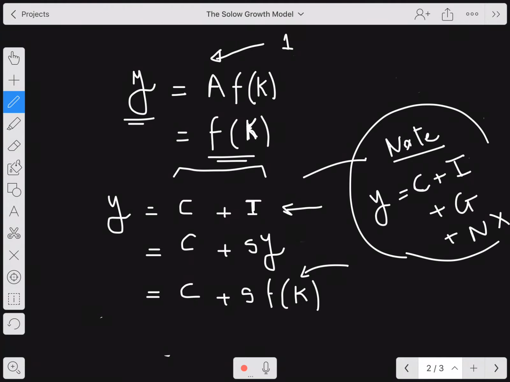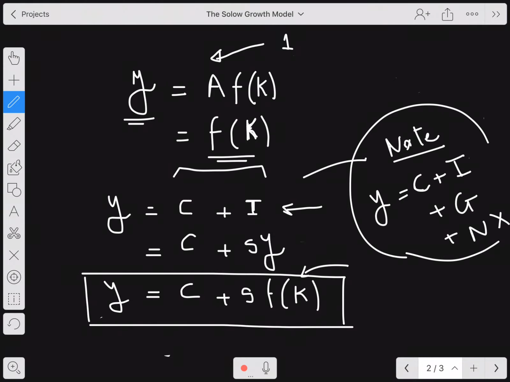So we reach this part where we are saying output is equal to consumption plus investment, and we can write consumption as C, a saving ratio, a certain percent, out of output.